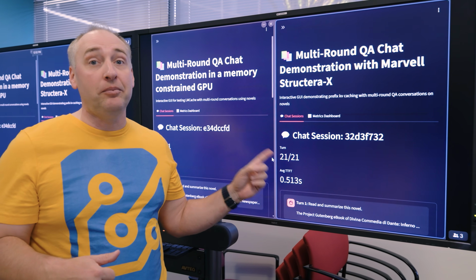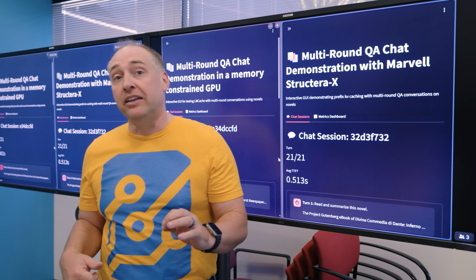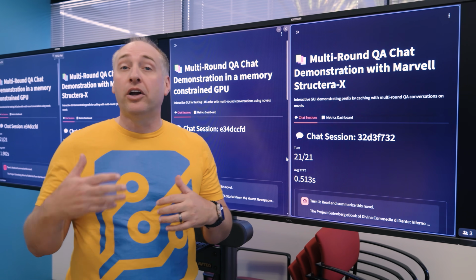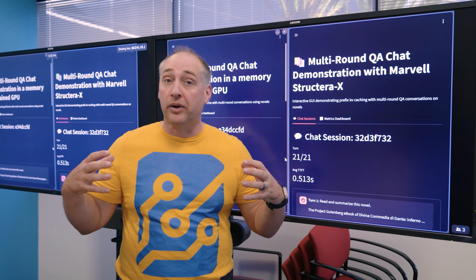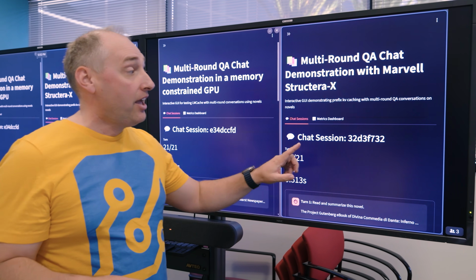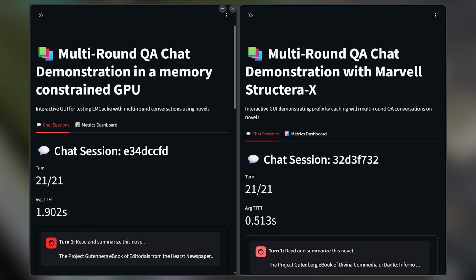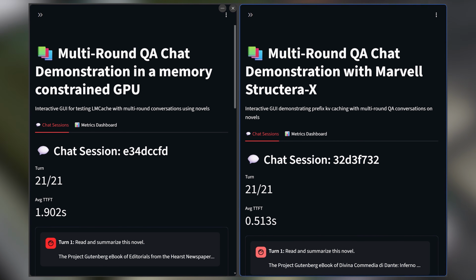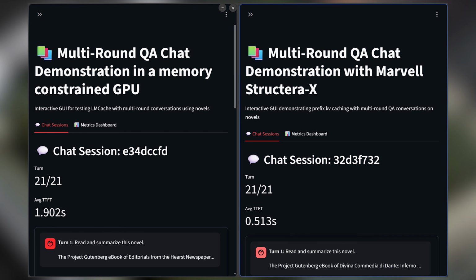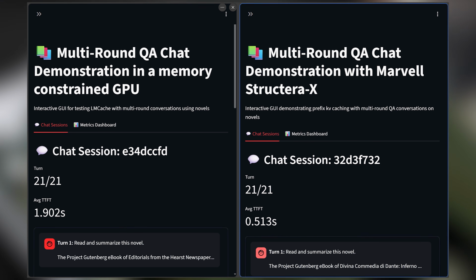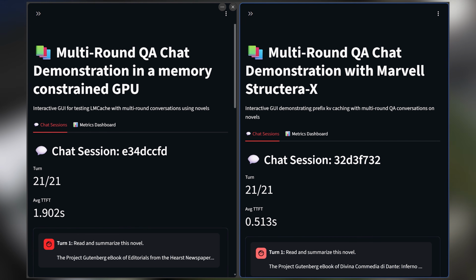And what you'll see behind me is the speed of that LLM when we are using that CXL device, because we're able to have that larger KV cache. You'll see that our time to first token here is only about half a second, whereas if we're only running from GPU memory, because we run out of memory, we're now at 1.9 seconds.